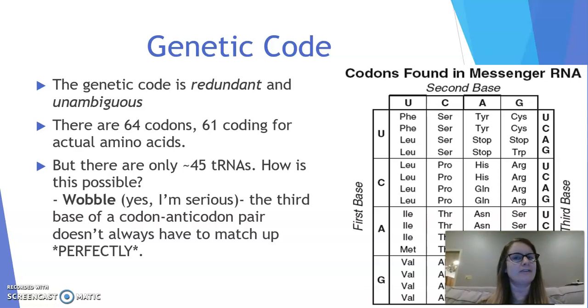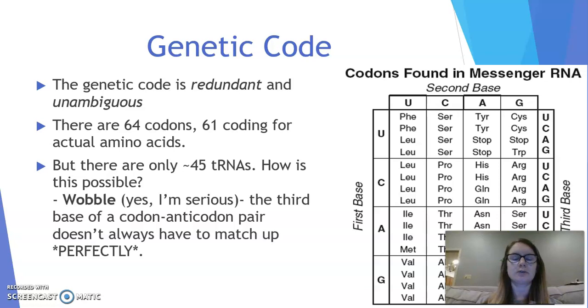And there's only 45 transfer RNAs. And you would think that since there are 64 codons, each of those 64 codons should have its own tRNA. So you should really think, okay, well, if there are 61 coding codons that actually code for an amino acid, then shouldn't there be 61 tRNAs? Why are there only 45?